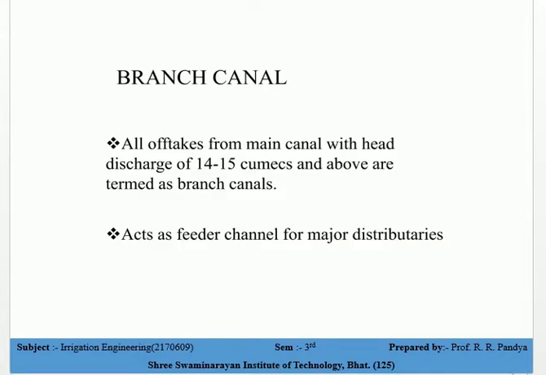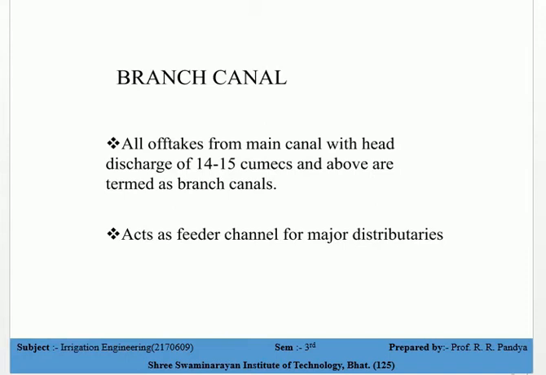Let's move to the branch canal. All offtakes from the main canal with a head discharge of 14 to 15 cumecs and above are termed as a branch canal. The canals that take off from the main canal on either side are called branch canals. In general, these branch canals also do not carry out any direct irrigation.